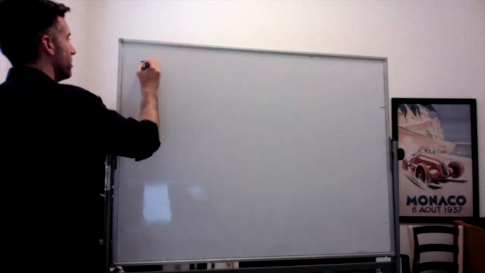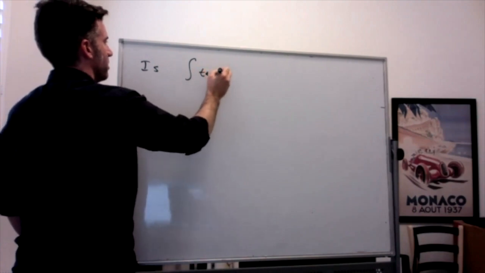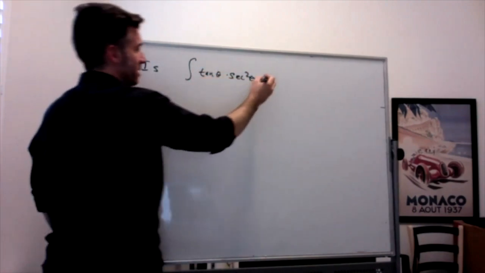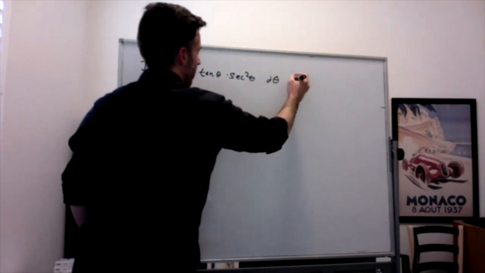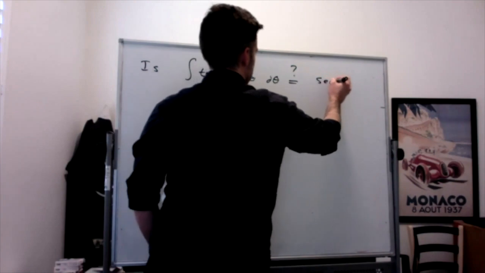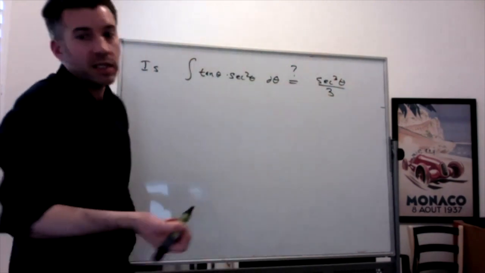Is the antiderivative of tangent theta times secant squared theta, d theta, equal to secant cubed theta over 3 plus c?